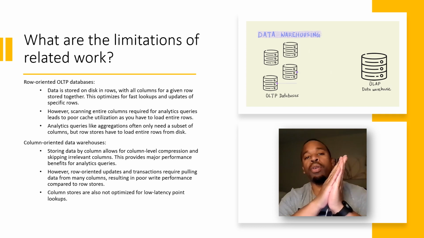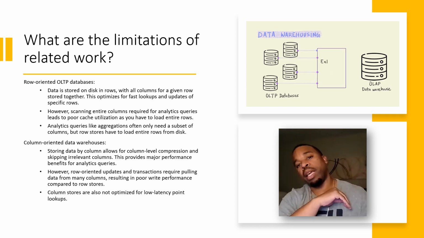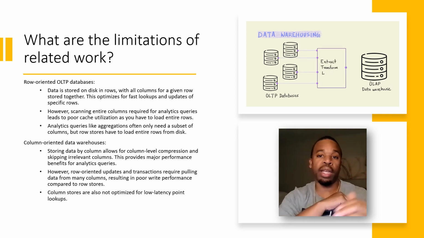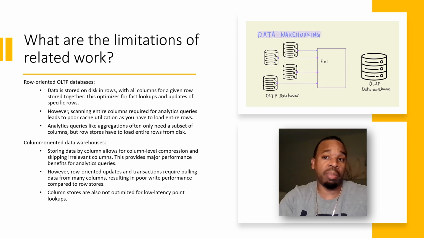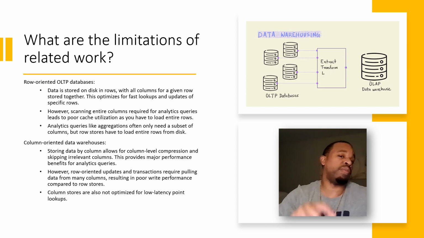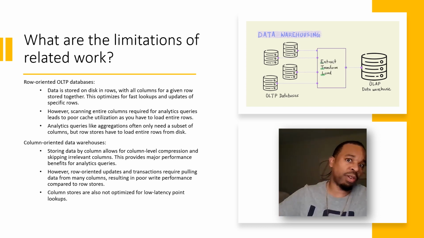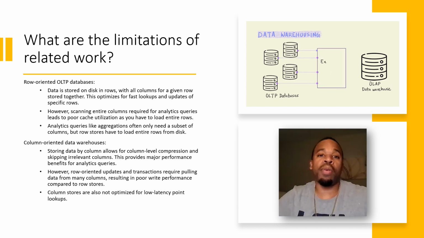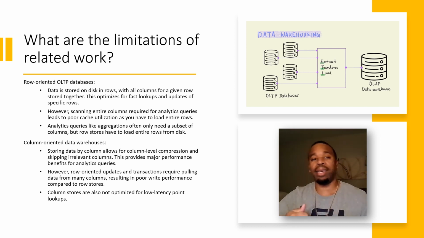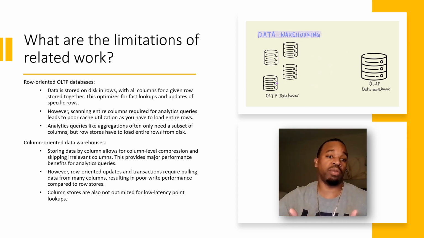But row-oriented inserts and updates require reconstituting entire rows by reading values from many separate columns, files, or blocks. So replacing an entire row across all the columns. Single row lookups may require hitting multiple column files, resulting in high latency compared to row stores.